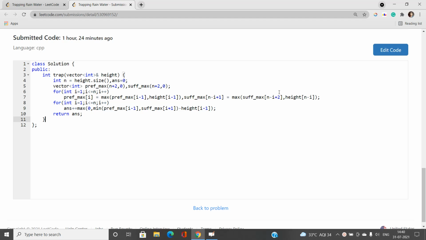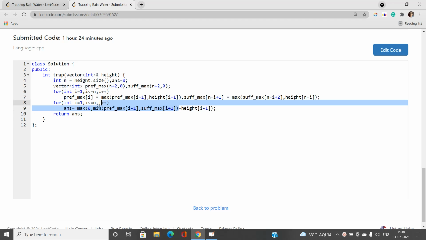Okay, now what would be our answer? Our answer would be the sum of all the water that is being accumulated over the walls. So let's talk about any ith wall. Our answer would be the min of this one and this one. First I will find out the minimum.